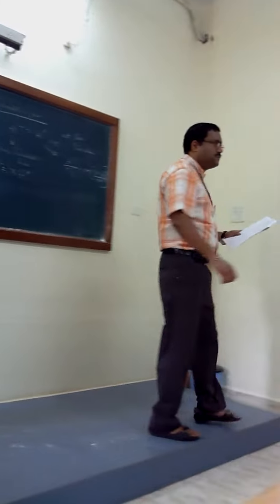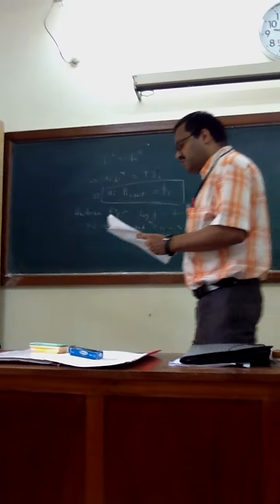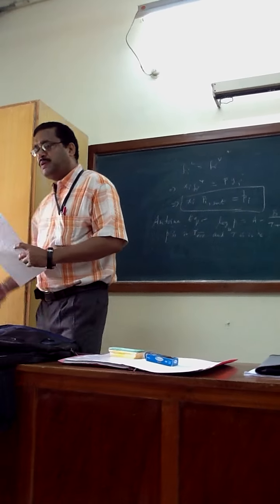Torr means millimeter of mercury. The question is to prepare a PXY diagram at 95 degrees centigrade.